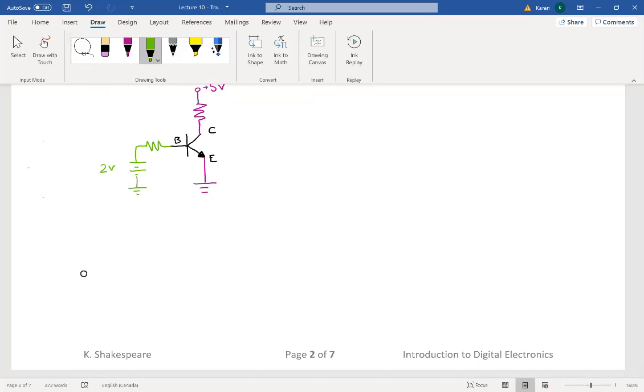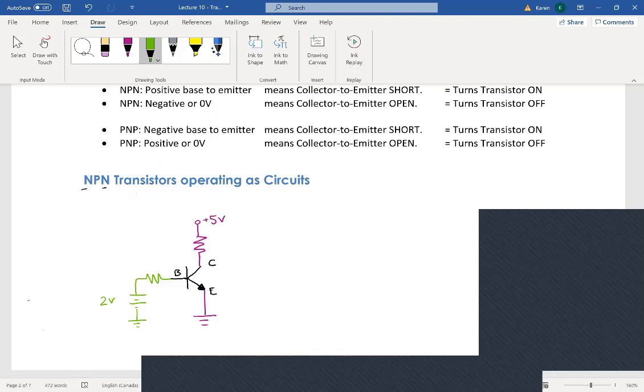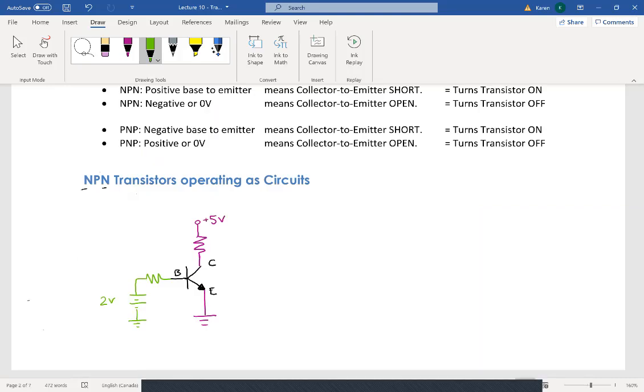So this is the resistor. I don't have to label it, but what is going on here is that I applied 2 volts, and as I showed up here, in an NPN transistor, if you give a positive voltage to the base, then it means that the collector to emitter is going to be shorted.